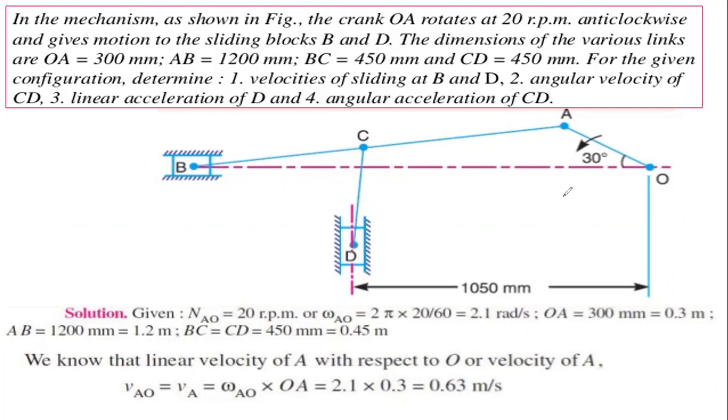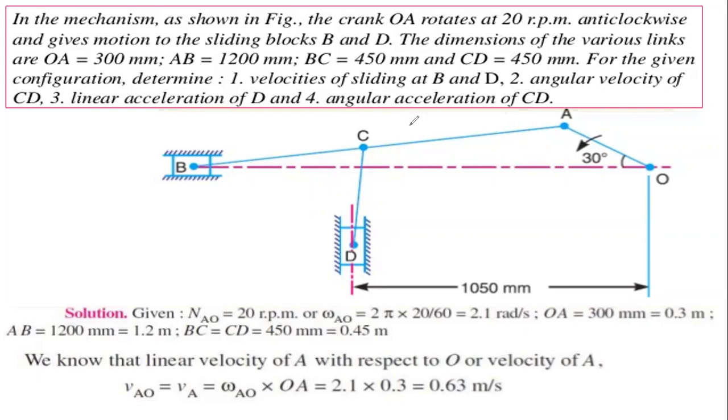For the given configuration, determine: first, the velocity of sliding at B and D positions; second, the angular velocity of the line CD; third, the linear acceleration of D; and fourth, the angular acceleration of CD. These are the given data for all the links.